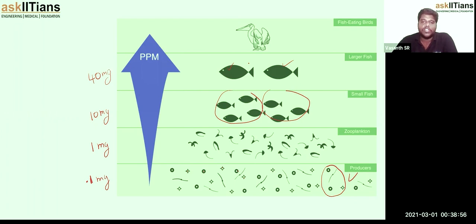Once these 2 fishes are fed upon by this one, it becomes 80 milligram. This helps you understand that when we go to the next trophic level, it helps in the accumulation of the chemical substance, which is very harmful for the organism.